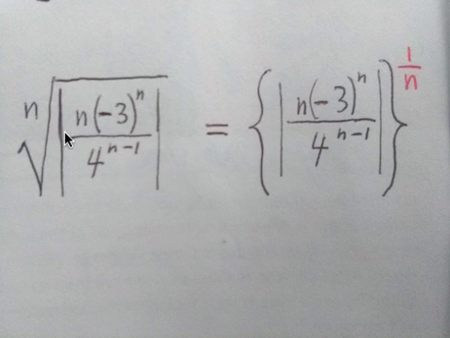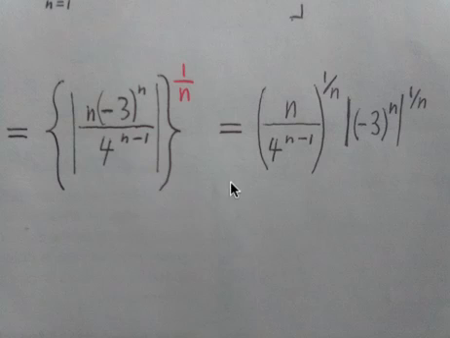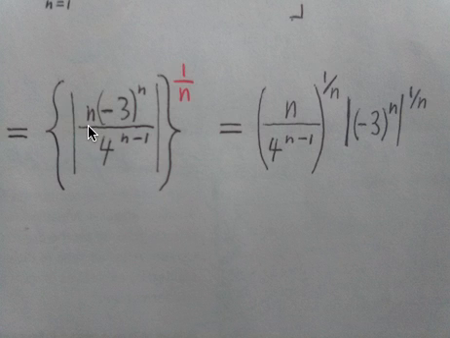So the first thing we're going to do is switch up the terms here. Put 1 over n into the superscript, and then we're going to start looking at what we can pull outside of the absolute value signs. In case you haven't noticed, n is, for our purposes, always positive, and so is the term 4 to the n minus 1.